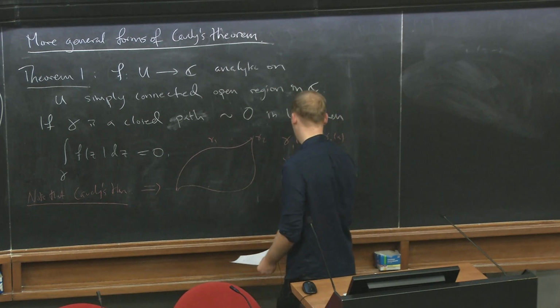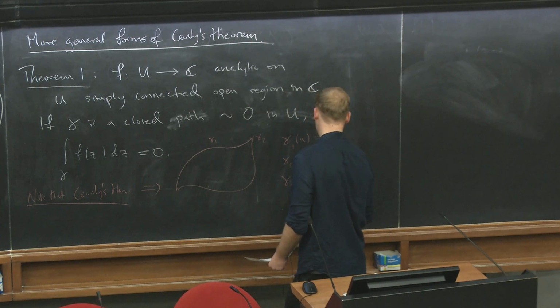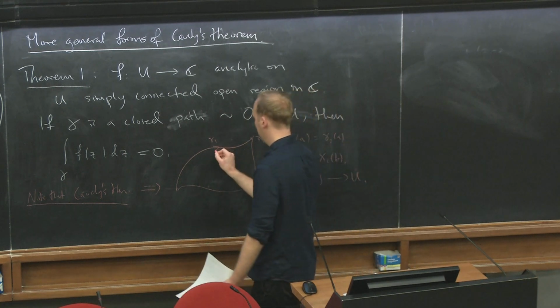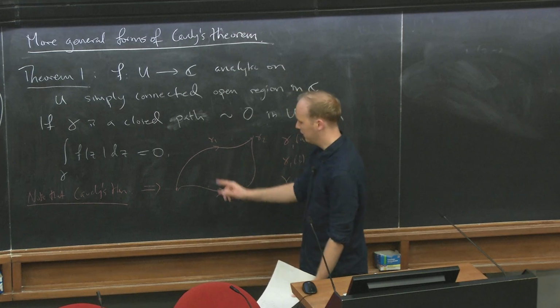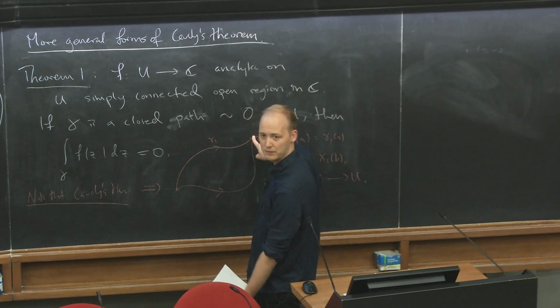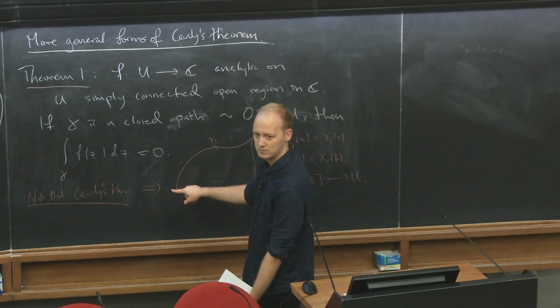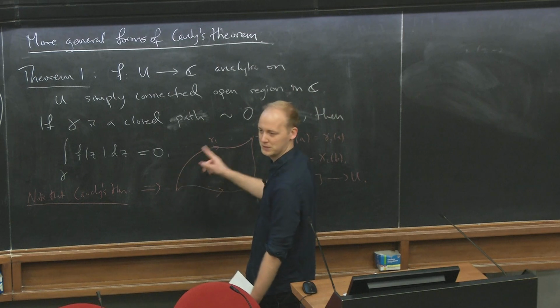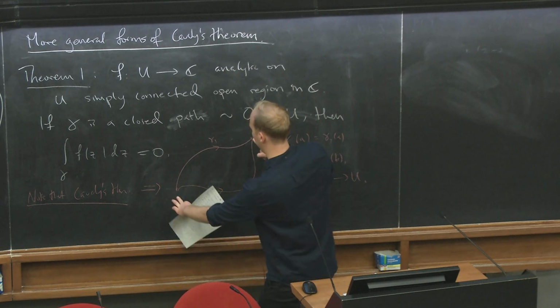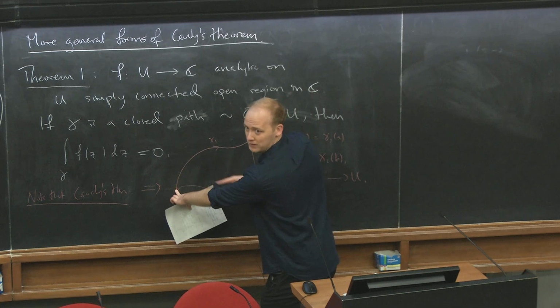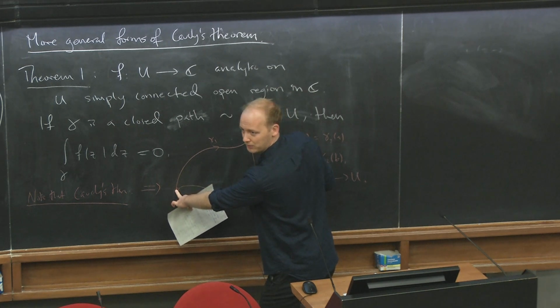These gamma i's are parameterized on AB. Then, by Cauchy's theorem, if you take the integral along gamma 1 and then minus gamma 2, then it has to be 0. If I go like that and like that, then we have a path to which our Cauchy's theorem applies. Here, they are not differentiable, but this is certainly piecewise differentiable if I take smooth curves.